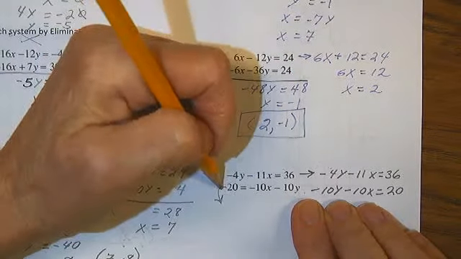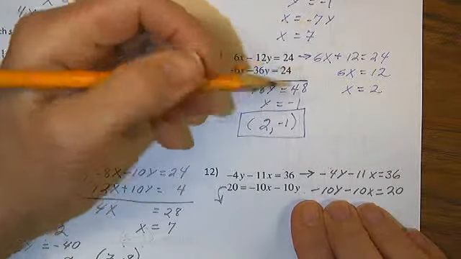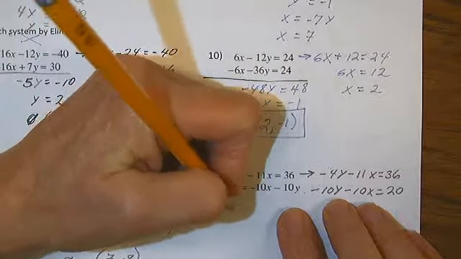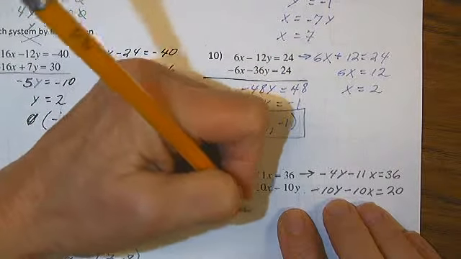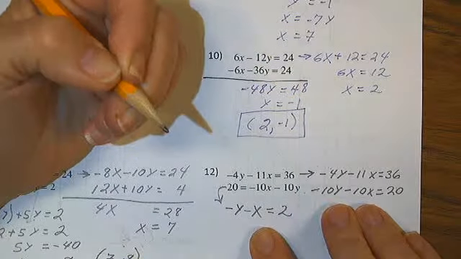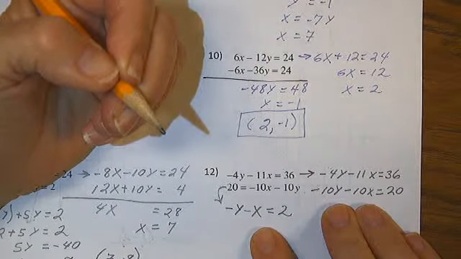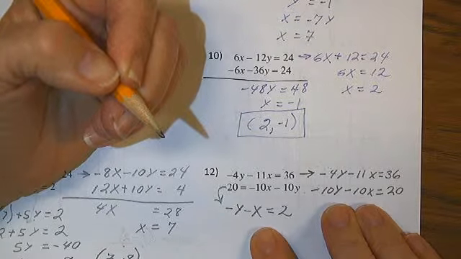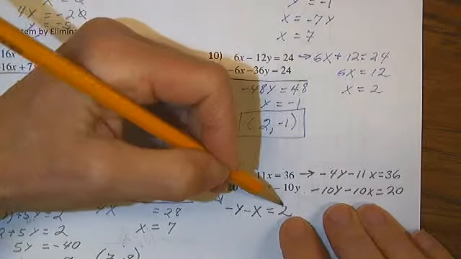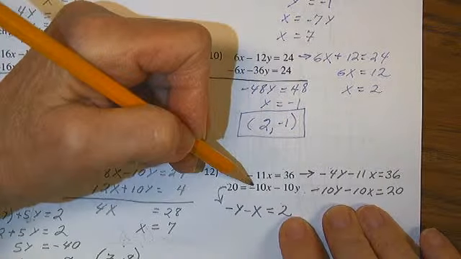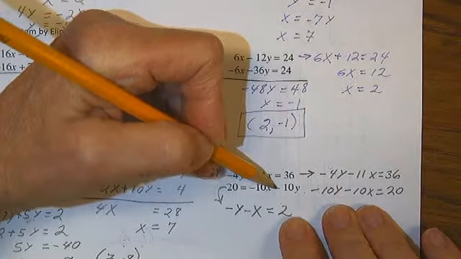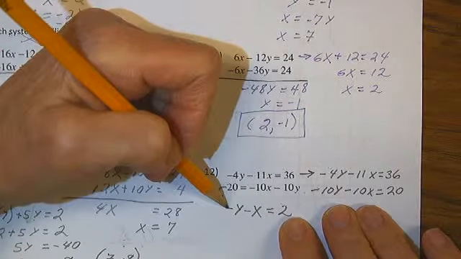If I divide every term by 10, that is going to give me negative y minus x equals 2. 20 divided by 10 is 2. Negative 10 divided by 10 is negative 1. Negative 10 divided by 10 is still negative 1.